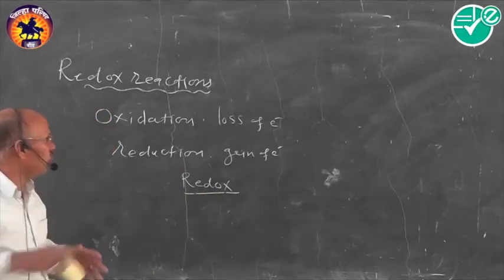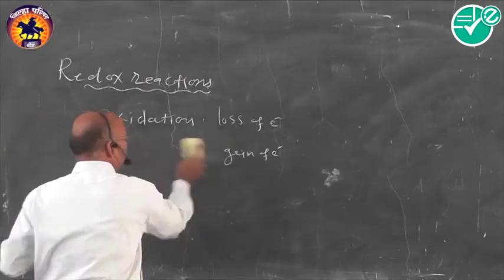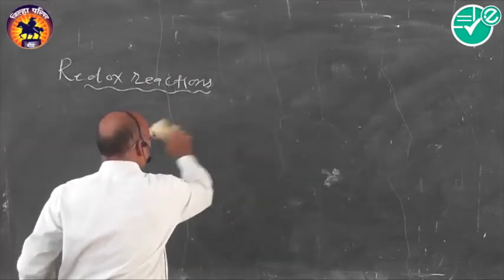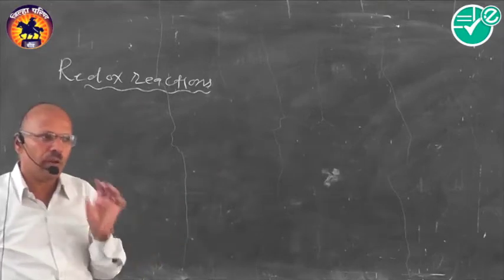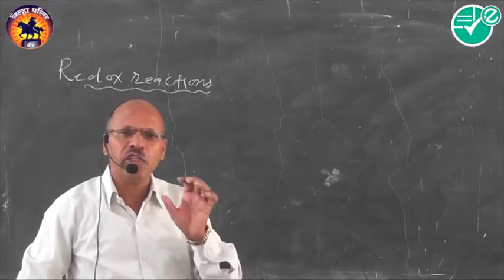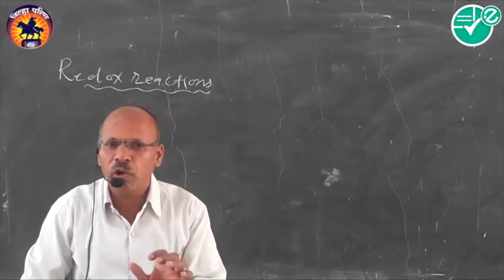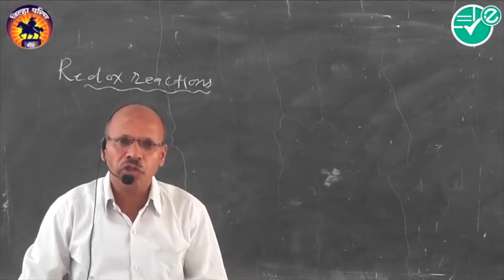Now what is the benefit of these redox reactions? These redox reactions are helpful for production of chemical energy. Whatever chemical change occurs, it generally follows in terms of oxidation or reduction.